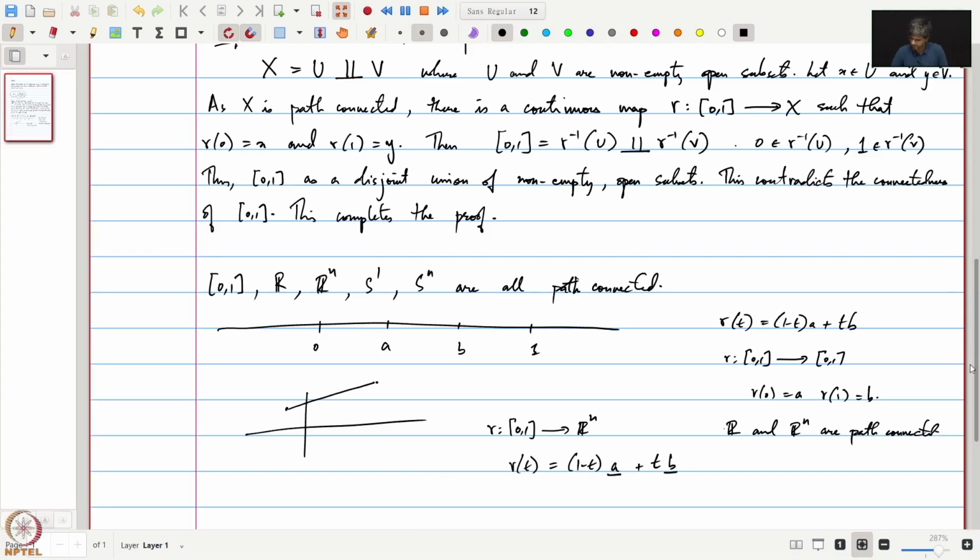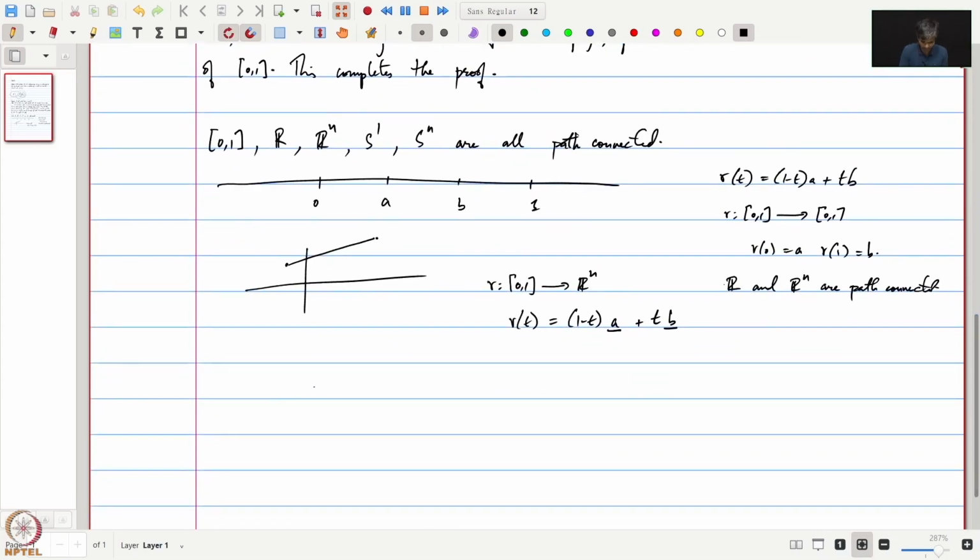Right. So let's look at S^1. So S^1 is this circle over here. Once again, given any two points, let's say this is at an angle theta 1, and let's take another point here, which is at an angle theta 2.